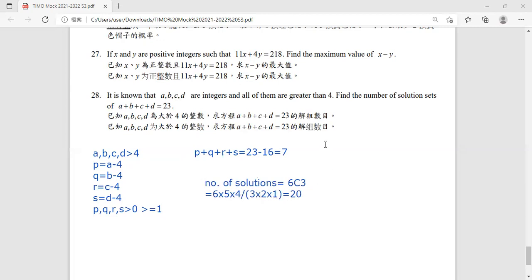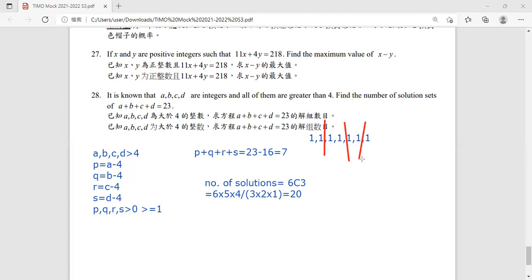Okay, it's the same as question 5. Actually you can consider there are 7 ones here. I have to put sticks in it and divide into 4 groups, so I need 3 sticks. Sorry, my bad, 4 groups.